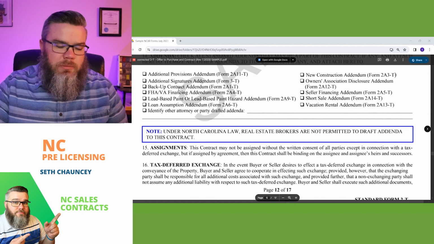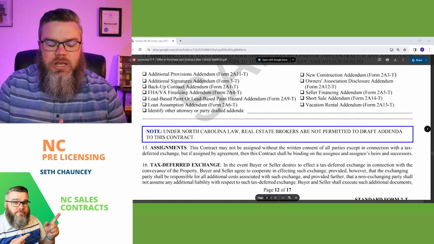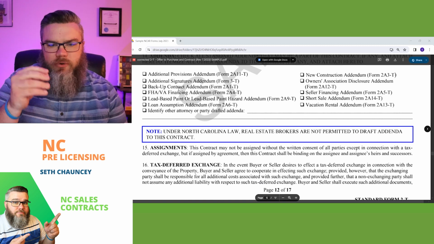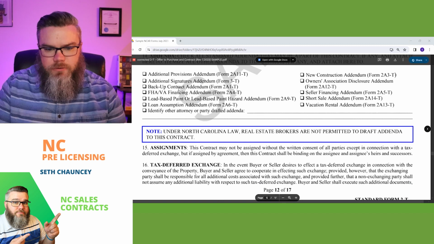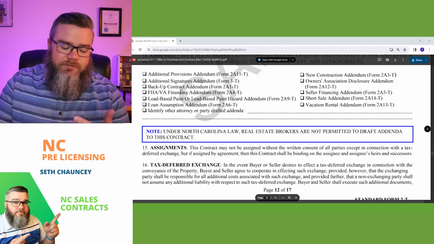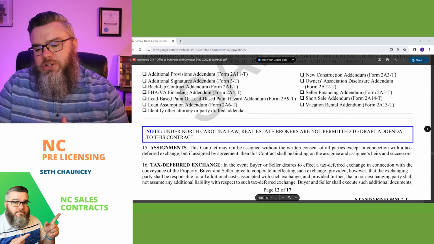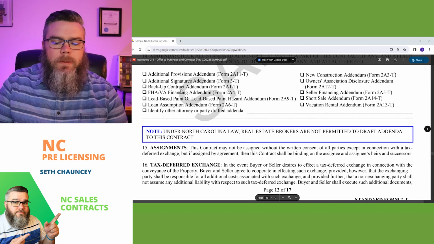Backup contract addendum is utilized when a house is already under contract and you want to sit in a secondary position that says if the deal falls through from the first buyers, we will take over and we will become the new buyers. It's called a backup contract or backup contract addendum that can be added to this. FHA VA financing addendum is attached when you are getting financing from an FHA or VA loan.